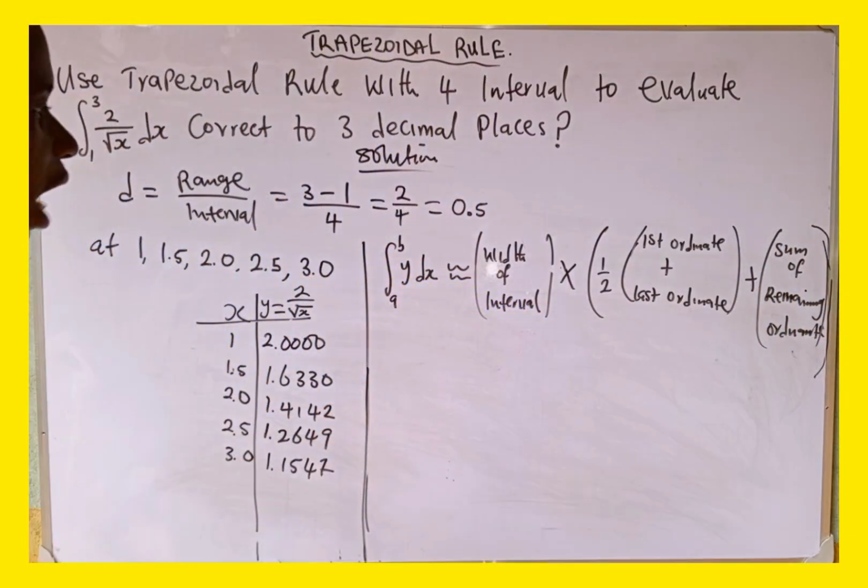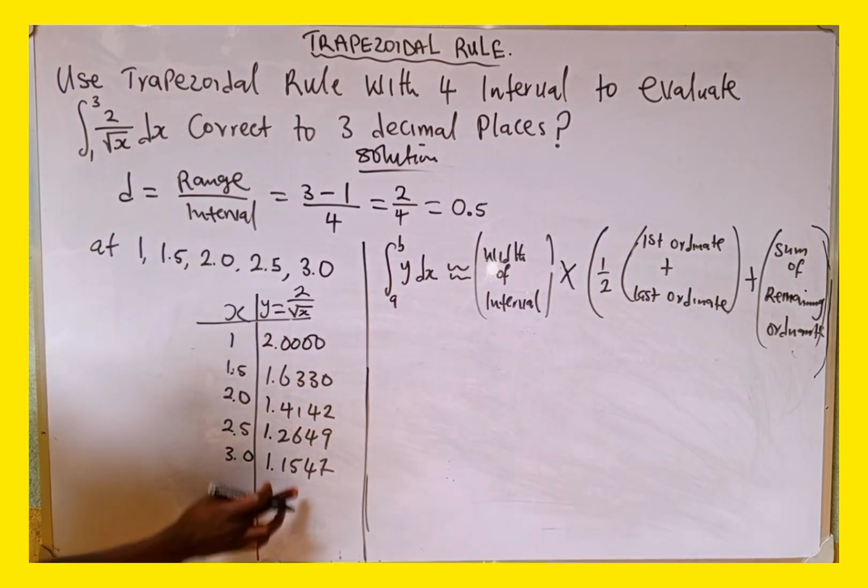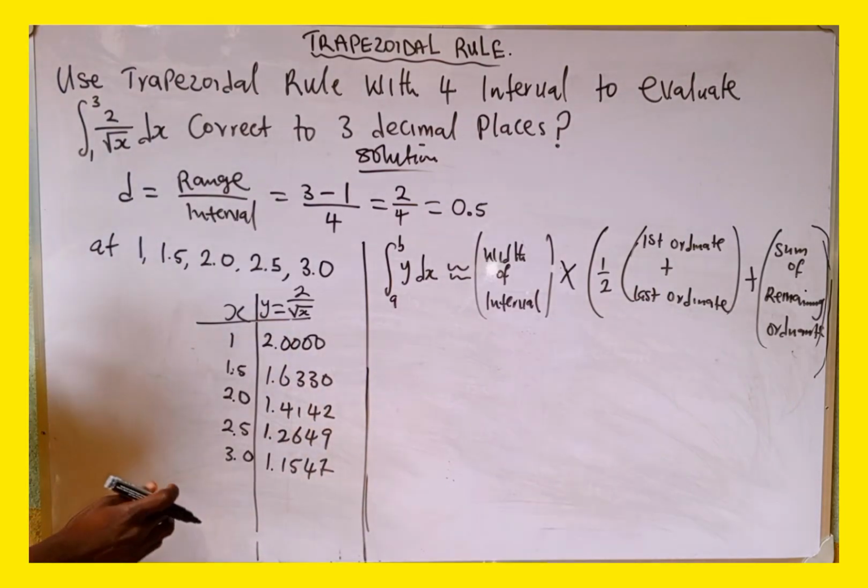So this is the formula. And where are our ordinates? Look at the table, this is the ordinate point.